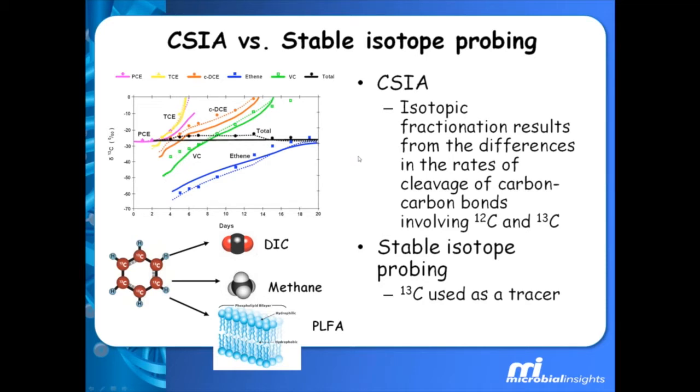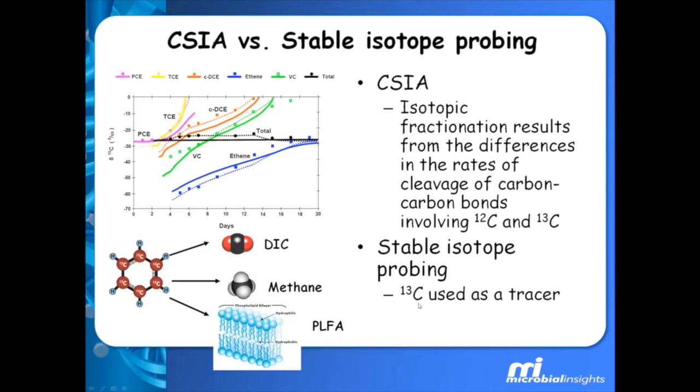So you're looking for enrichment in compounds that are undergoing biodegradation. You should see an enrichment in the amount of C13. Stable isotope probing is very different because now we're intentionally introducing carbon-13 as a tracer, and we're following where that carbon-13 is going to go.